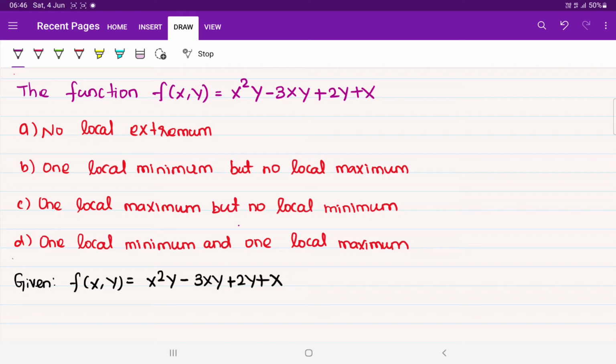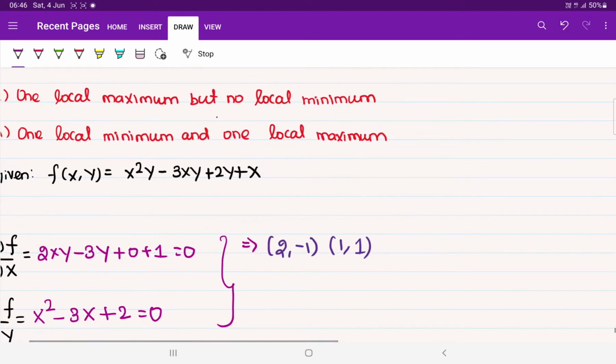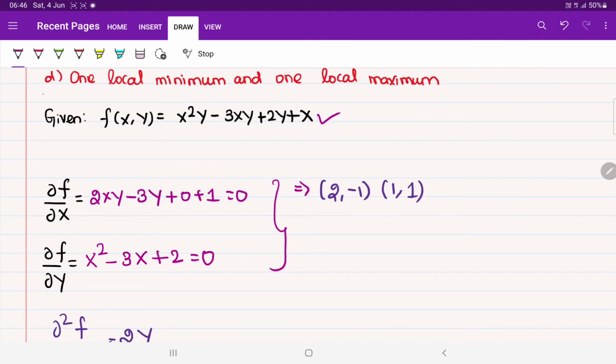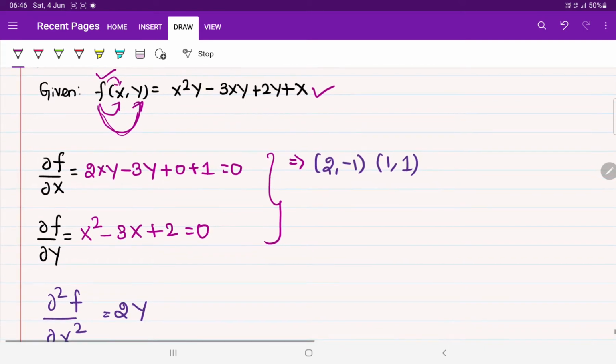What you have to do is take the given function and find the first derivatives. We know this function depends on two independent variables, one is x and the other is y. After identifying x and y, differentiate this function with respect to the first independent variable, and again differentiate it with respect to the second.